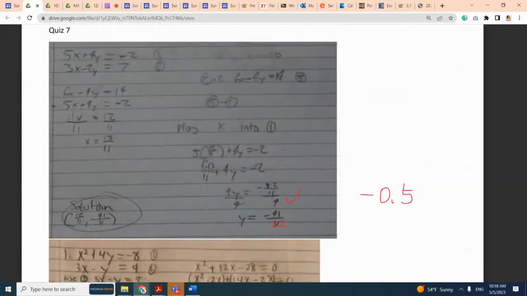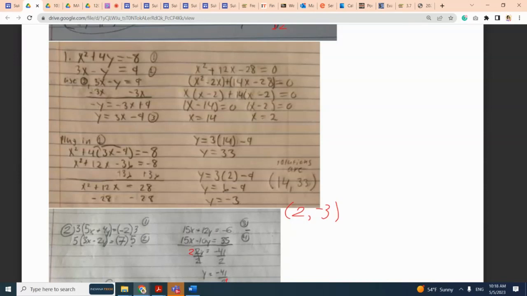Okay, so here it's correct up to here. But when you divide by 2, 82 divided by 2 is 41, but then you still have a 2 there, so that's why it's negative 41 over 22. So this step is correct, but in this step we still have the 2 downstairs.